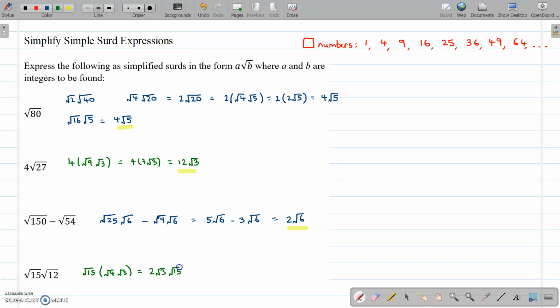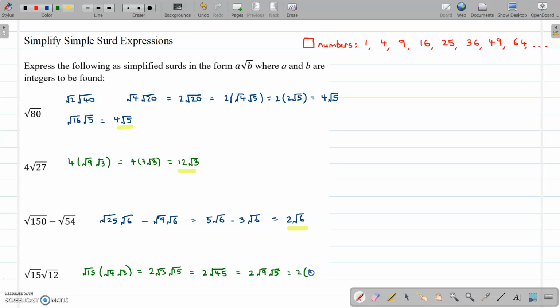And then the root 3 and root 15, you might say, well, neither of those can be simplified, but actually if you combine them to make 2 root 45, you might now notice that the root 45 can be broken up into root 9 and root 5, you see? So it becomes 2 root 9 root 5. And the root 9 is 3. So that's actually 2 times 3 root 5.